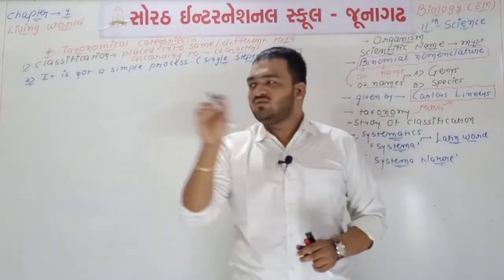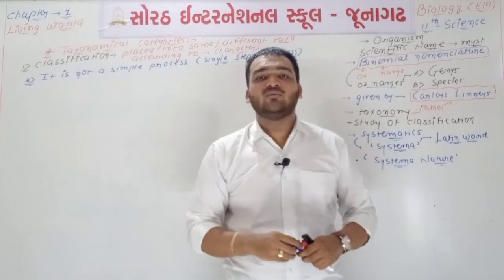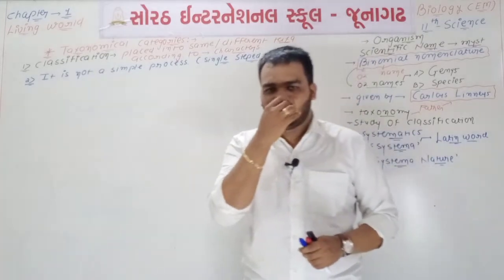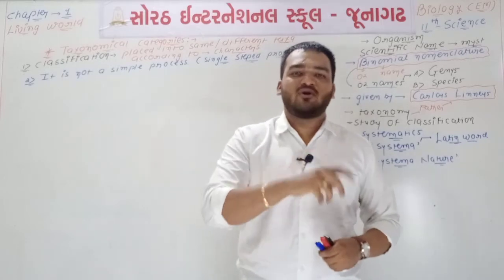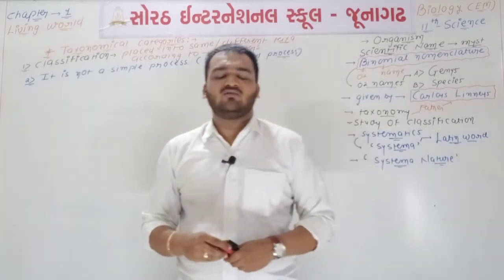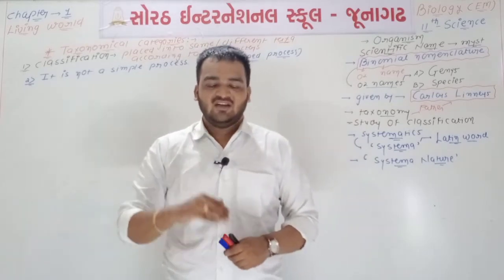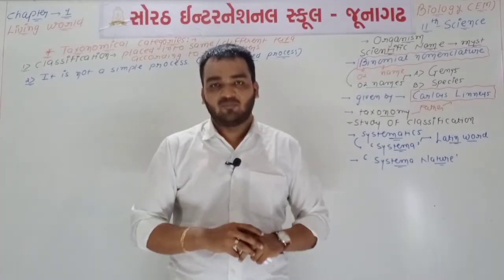If you switch on a fan, then the fan will be on. It is a simple process, in which the product is directly formed from the producers. Classification is not a simple process.